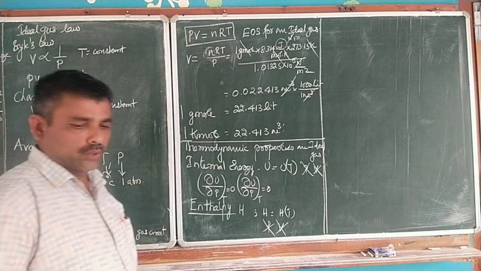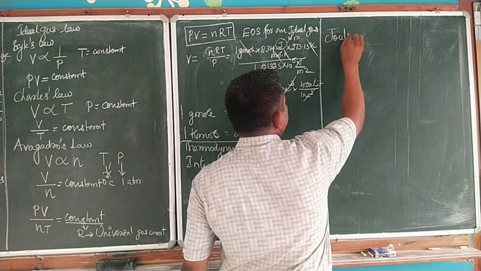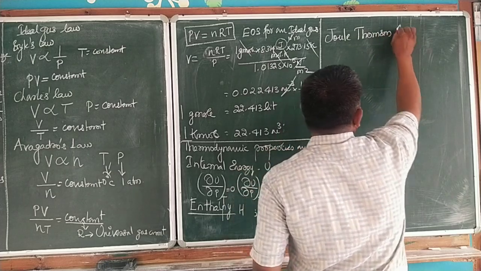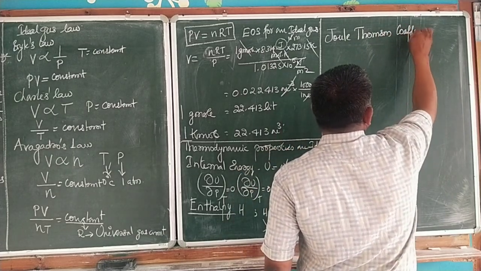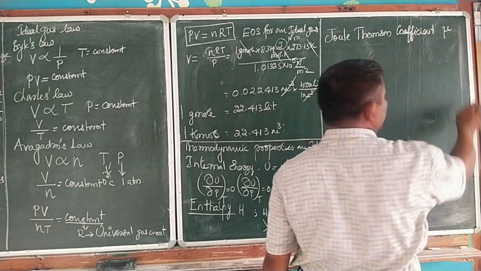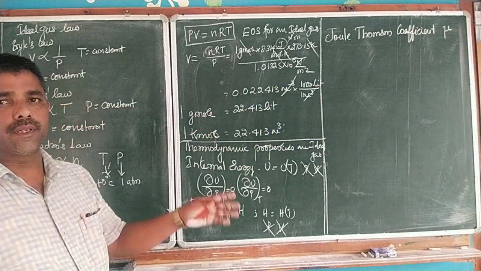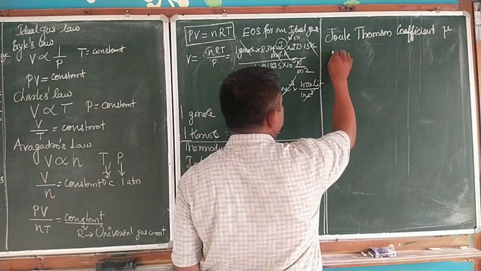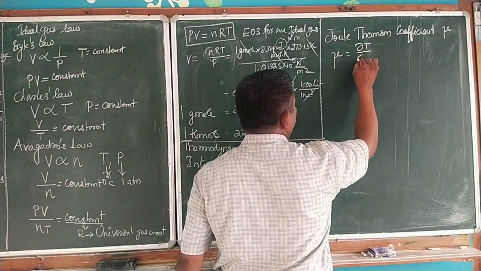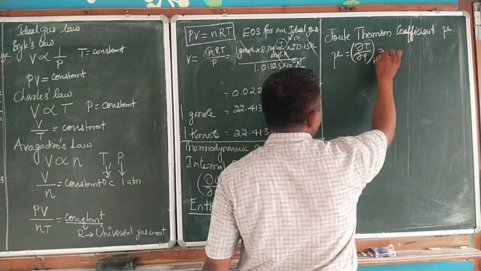Next point, Joule-Thomson coefficient. The notation is mu. The Joule-Thomson coefficient for an ideal gas, that means the change in temperature with respect to change in pressure at constant enthalpy, is equal to 0.